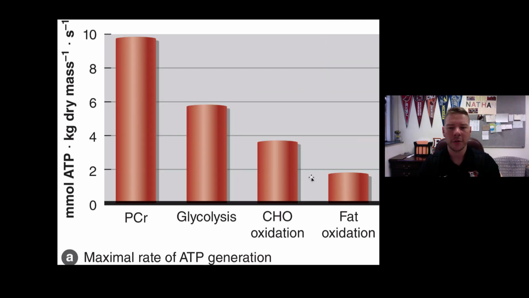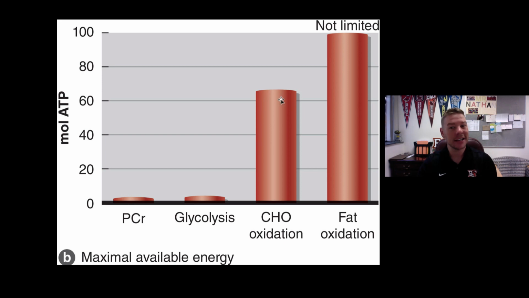And now we're in carbohydrate oxidation. It's a lot slower, and I think you can understand why. Not only does it have to go through glycolysis, but it also has to go through the Krebs cycle and the electron transport chain. So it has to take extra steps. However, when we look at its capacity, it's a lot higher.